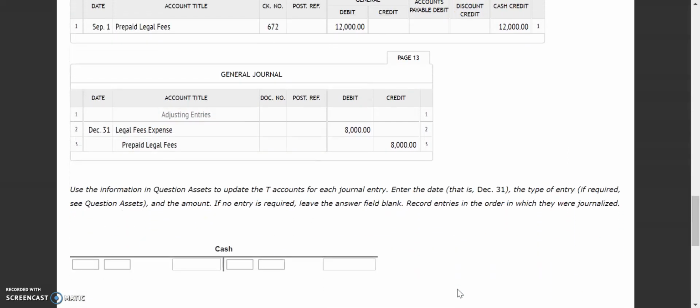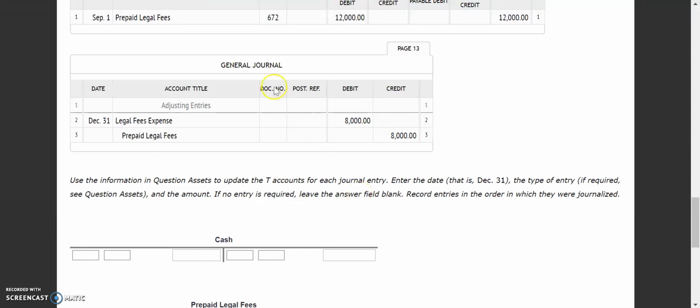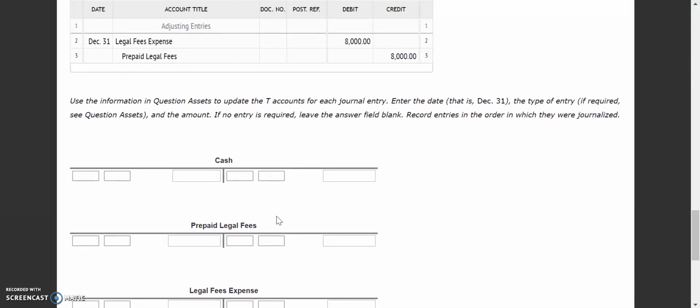We're going to put those in our T accounts here. So we're starting with the prepaid legal fees. That's going to get a debit of 12,000. So we have September 1. Nothing goes in that balance. So 12,000, and then cash is going to go down by 12,000.